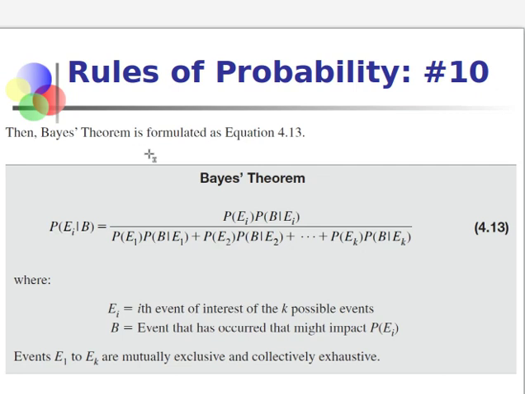Bayes' theorem is formulated as equation 4.13, where the probability of E sub I given B equals the probability of E sub I times the probability of B given E sub I, divided by the sum of all those terms, where E sub I is the ith event of interest of the key possible events, and B is the event that has occurred that might impact the probability of E sub I. Events E1 to E sub K are mutually exclusive and collectively exhaustive.